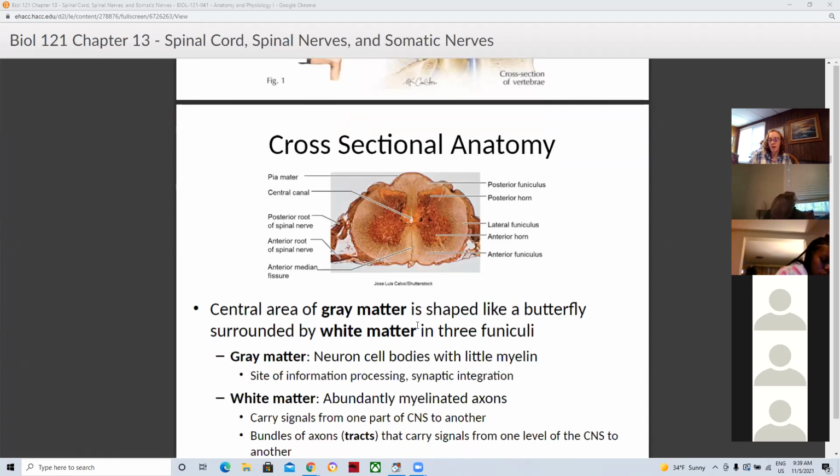The gray matter here in the inner area, like gray matter before, when we were looking at the nervous system, is the neuron cell bodies, where there's very little myelin. So this is a site of information processing and synaptic integration.